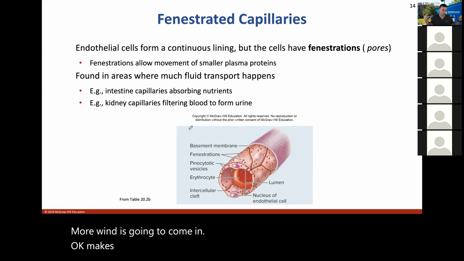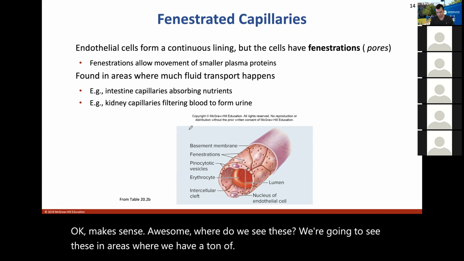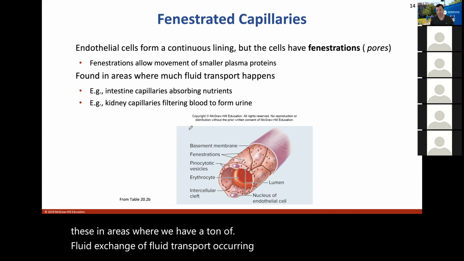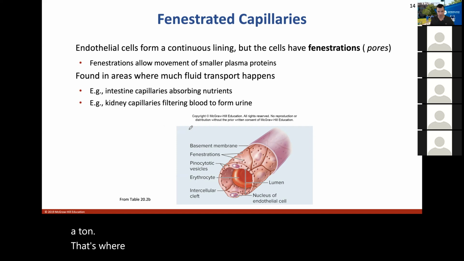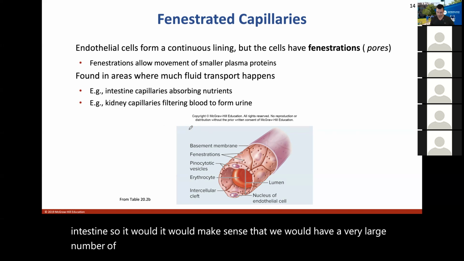Where do we see these? We see these in areas where we have a ton of fluid exchange or fluid transport occurring. In the intestines, we find these a ton. That's where primary nutrient absorption occurs in the small intestine, so it makes sense that we would have a very large number of fenestrated capillaries there.